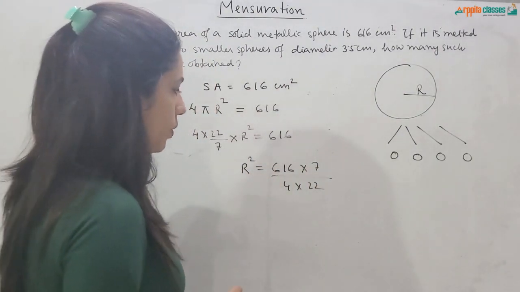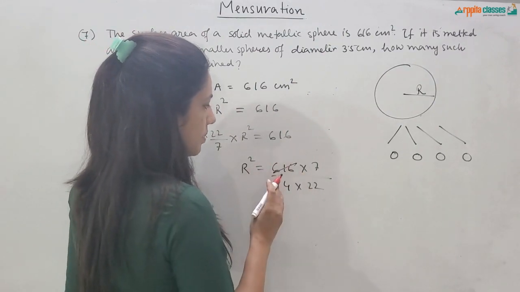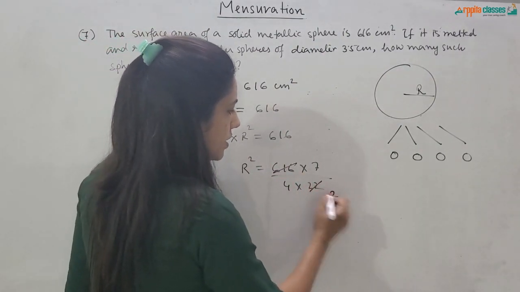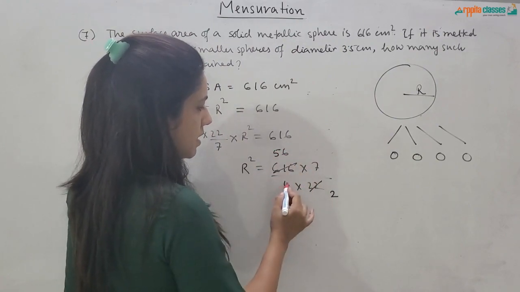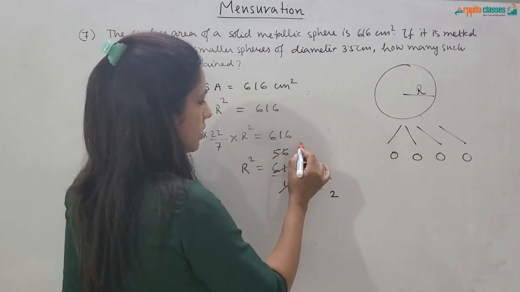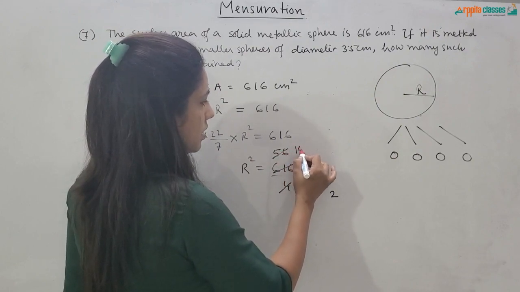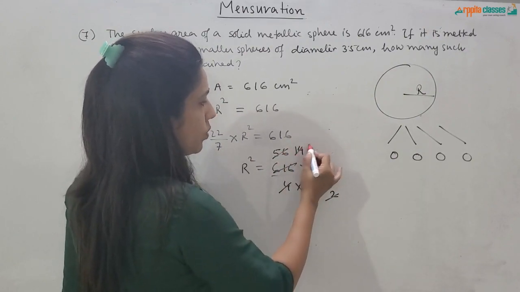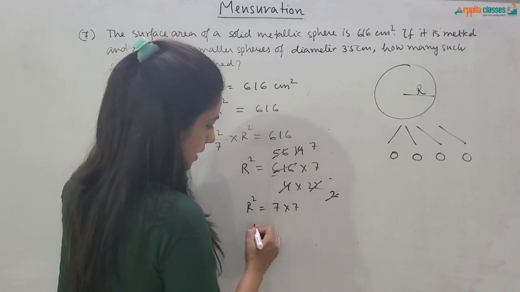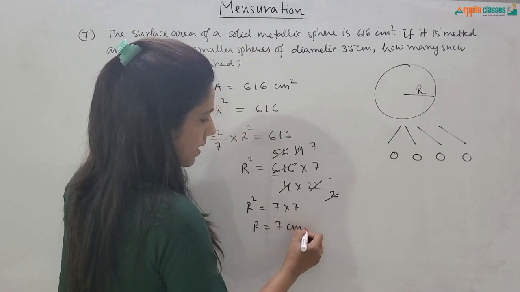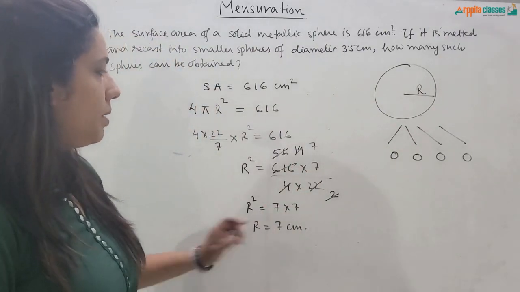Let us cancel and see what is coming. 11 gets cancelled by 11. 11 2s, 11 5s, 11 6s, 4 14s and 2 7s. So R square is 7 into 7, that is R is equal to 7 centimeter. So we got the radius of the bigger sphere.